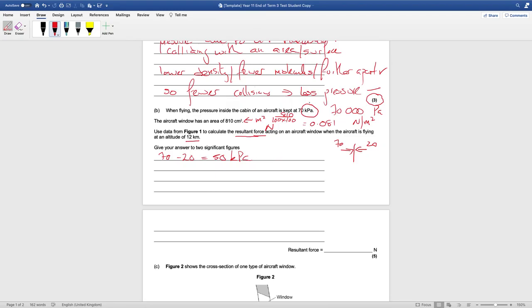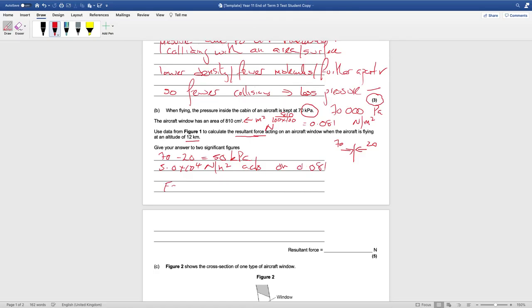Now, there's a mark for reading the 20 kilopascals and the conversion of the area into meters squared. One mark for those two things. So we've got 50 kilopascals, and that's 5.0 times 10 to the 4 newtons per meter squared acting on 0.081 meters squared.